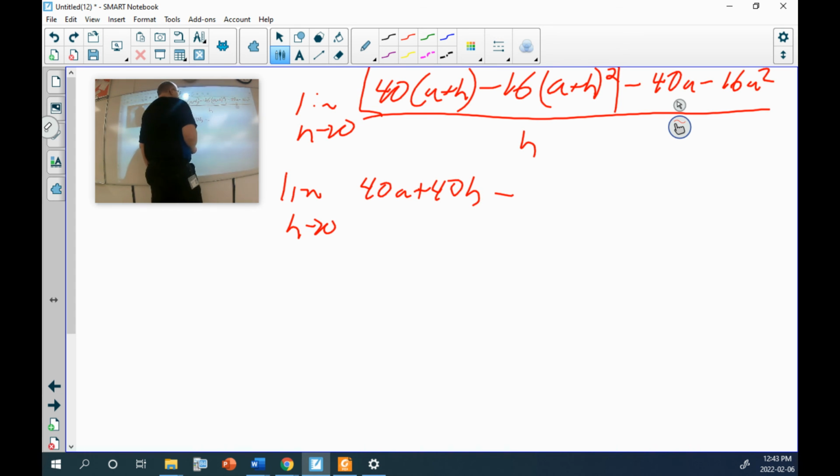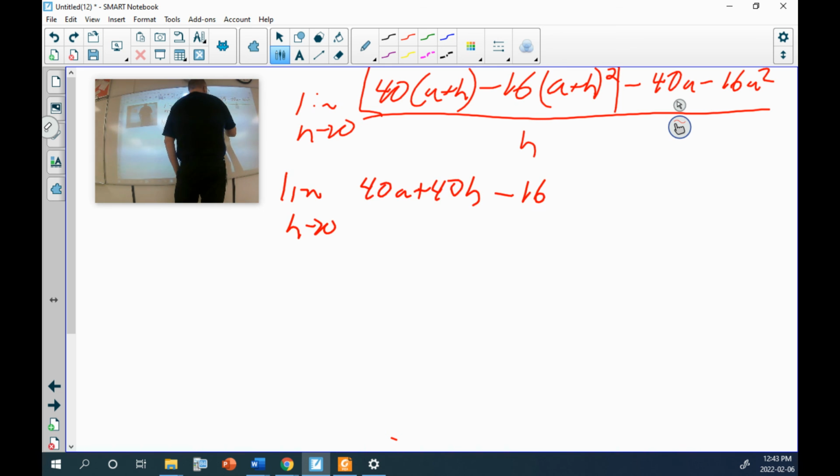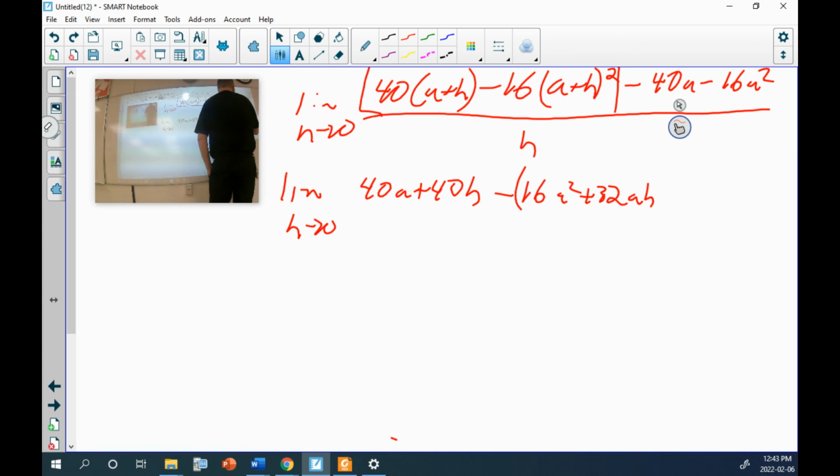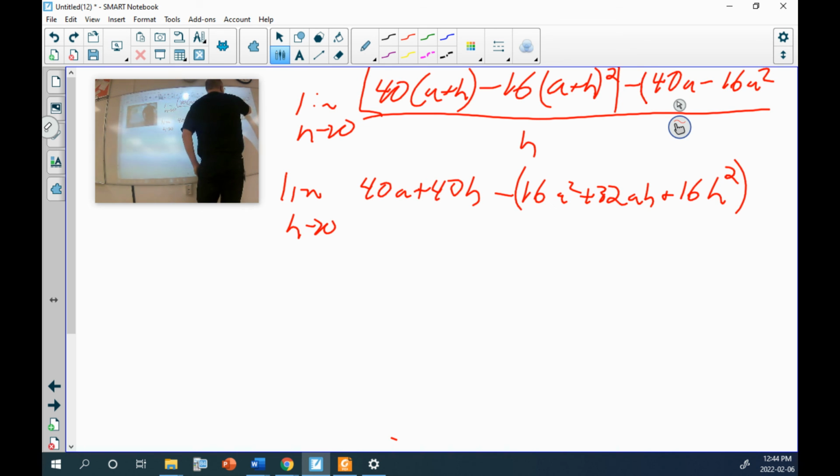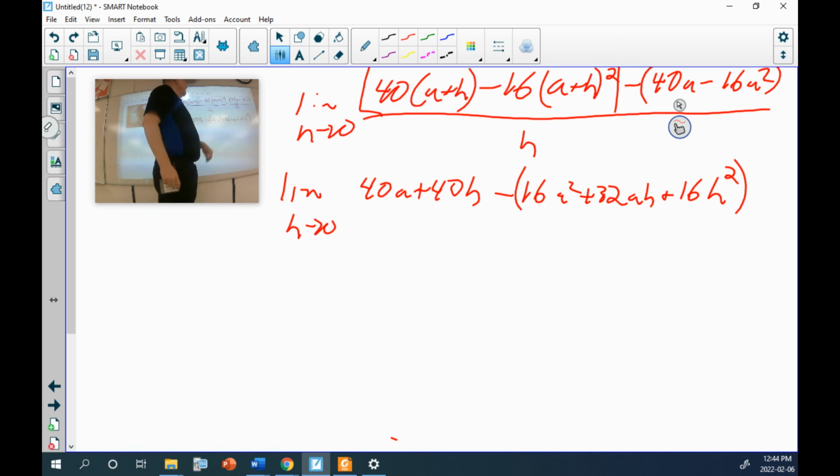This works out to be 16a squared, and we'll put brackets around that, plus 32ah plus 16h squared. Again, all I'm really doing here is skipping some steps with my algebra. I squared a plus h and then multiplied by 16.